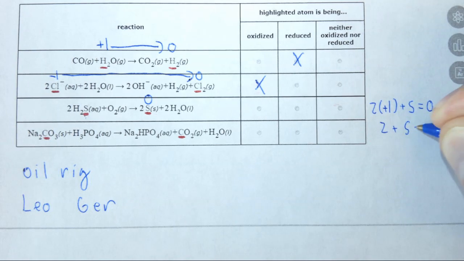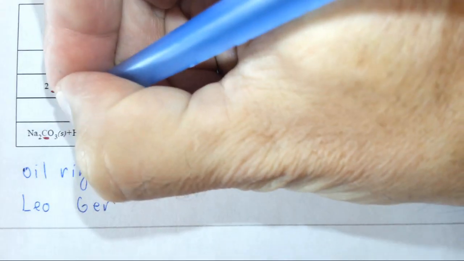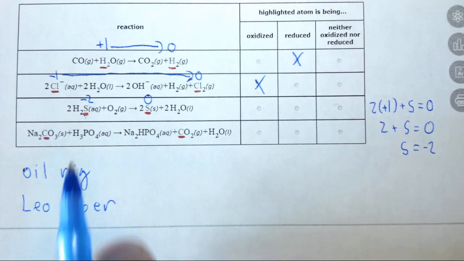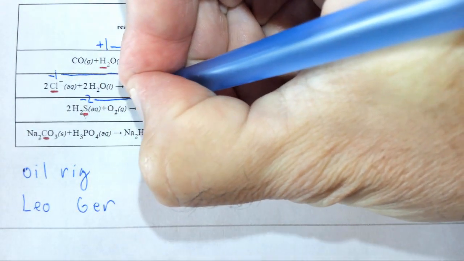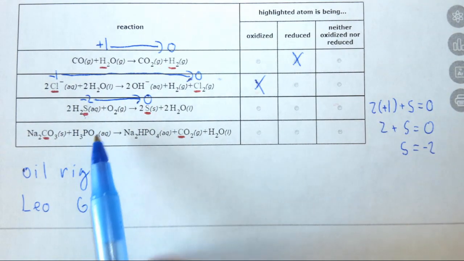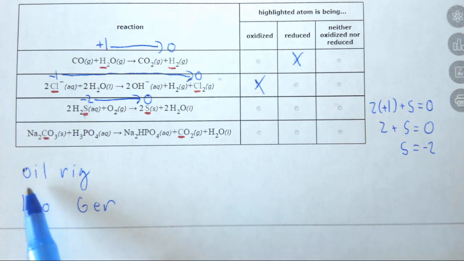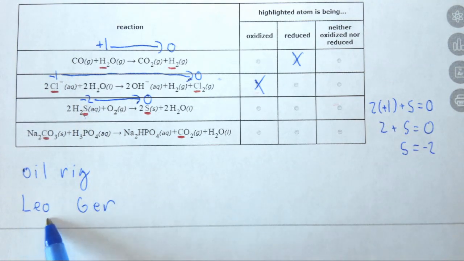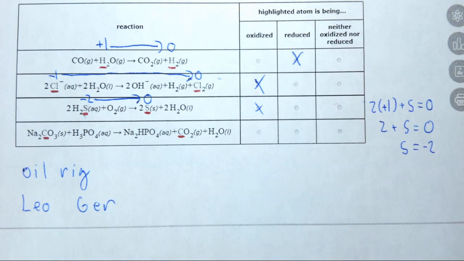So 2 plus S equals 0, S equals -2. So the original oxidation state of sulfur on the reactant side is -2. It went from -2 to 0. Since electrons are negatively charged, this is losing electrons. So this is oxidation. Either way you want to use it, this is oxidation.